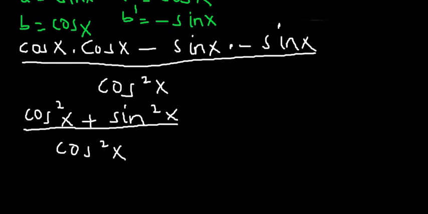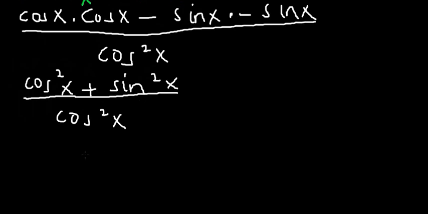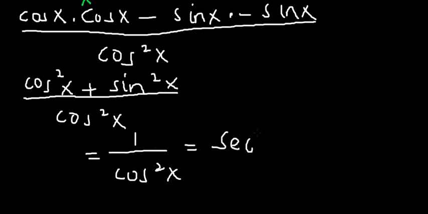So cos squared x plus sine squared x is the same as 1 over cos squared x. So 1 over cos squared x is also the same as secant squared of x.